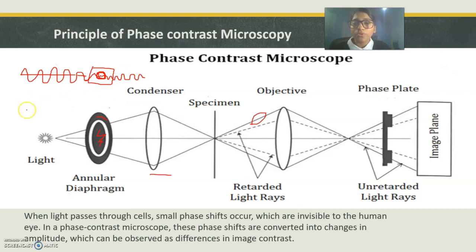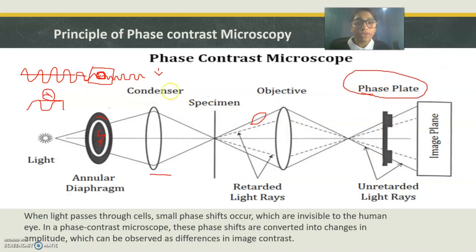Why? Because the distance between two peaks is lambda, and here the lambda is less. Therefore the optical length, the optical density, will be less. That's why it's decreasing. And this retarded and unretarded light will go through the phase plate.